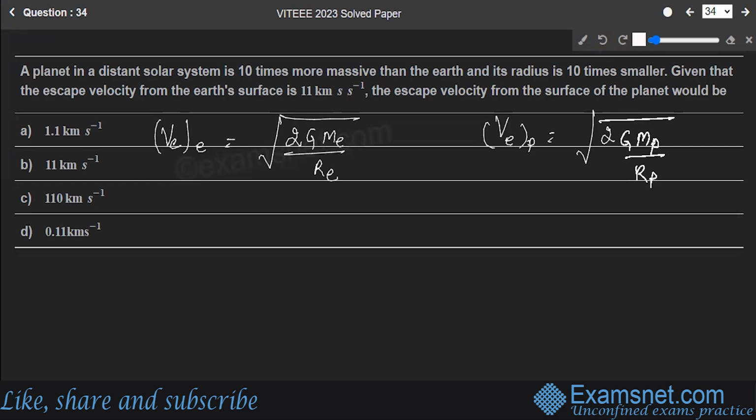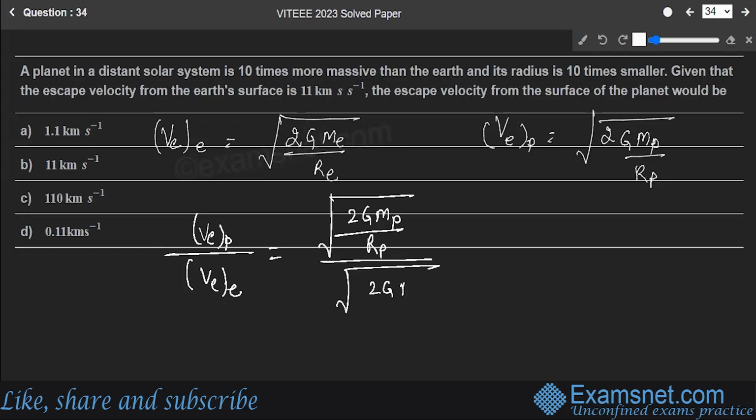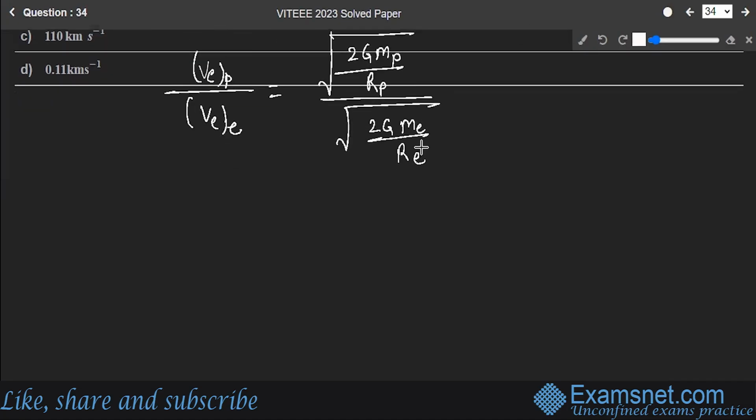Let's divide both of them. You will have V_E for the planet divided by that for the Earth equal to root of 2G Mp divided by Rp, divided by root of 2G Me upon Re. So this is equal to root of Mp into Re upon Me into Rp.